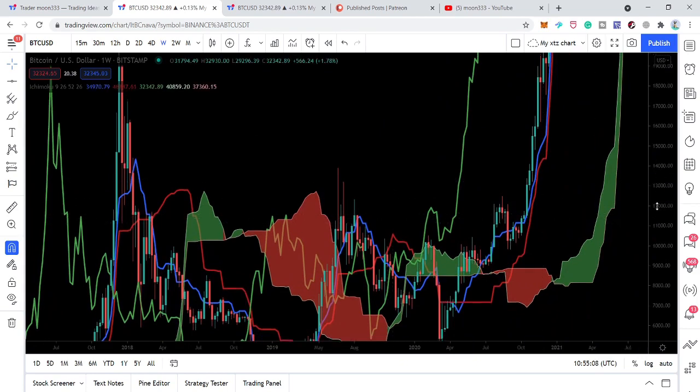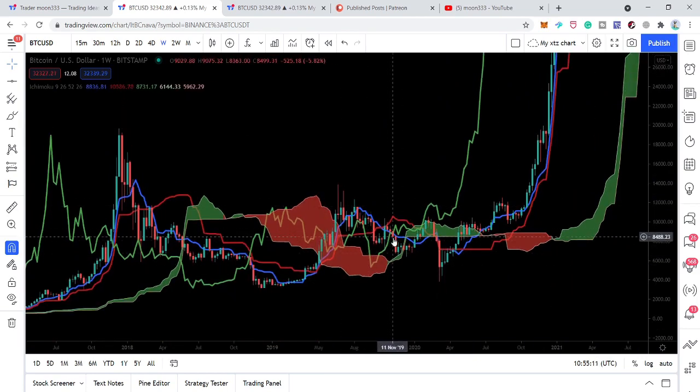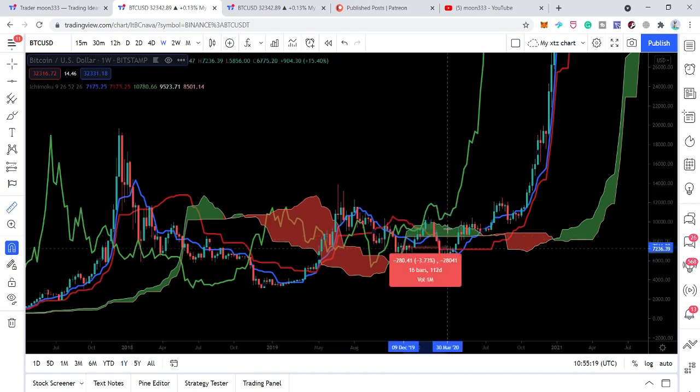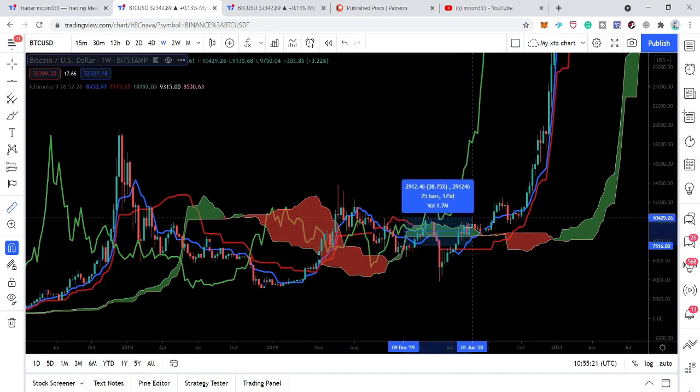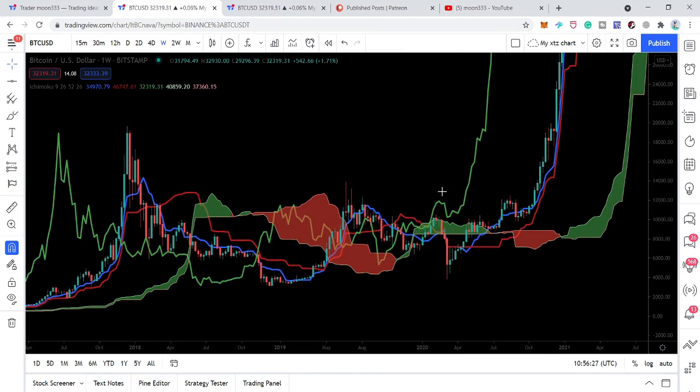Let me just show you the previous history of Bitcoin, for example, here back in 2019, the price action crossed down this Ichimoku cloud in December 2019. Then we can see that after crossing down this Ichimoku cloud, here the candlesticks moved up, and that was a period of 175 days, almost 6 months.